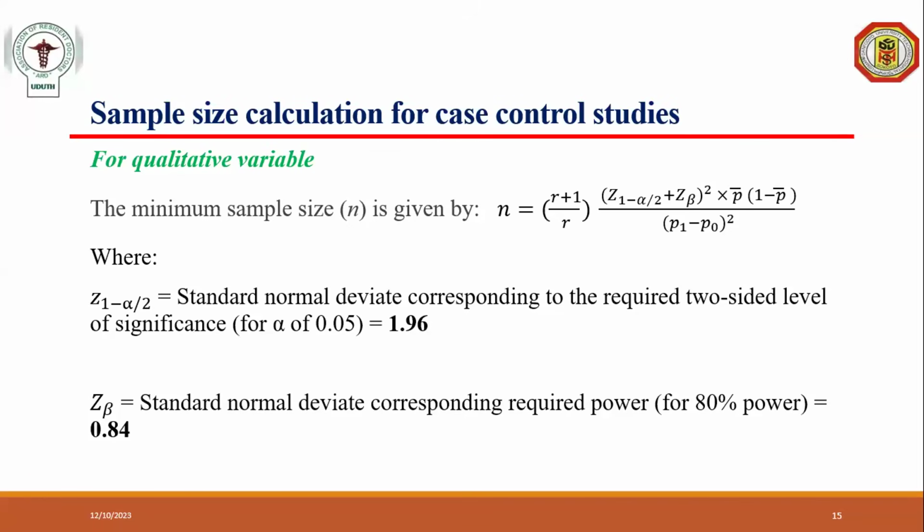The next thing is analysis. You analyze your data. Among the cases, how many of them have smoked cigarettes and developed the disease? How many cases have not smoked cigarettes, but they are still cases? Then among the controls, how many of them are smoking cigarettes, but they don't have the disease?